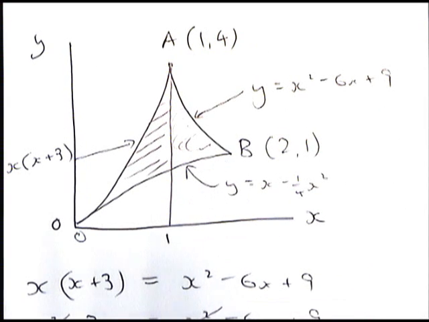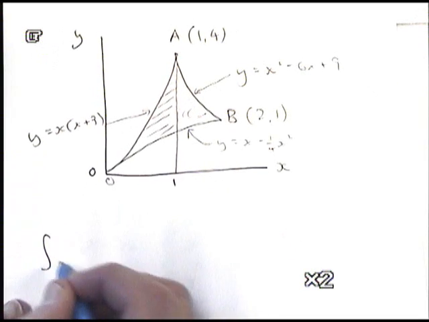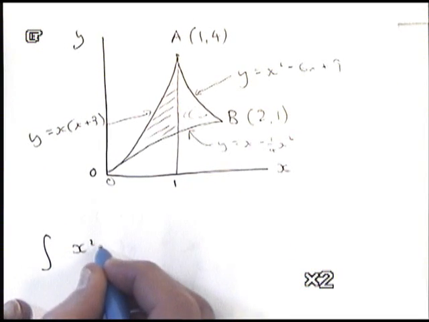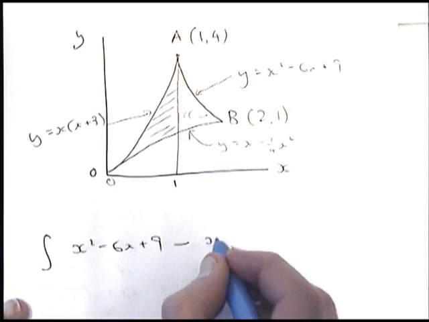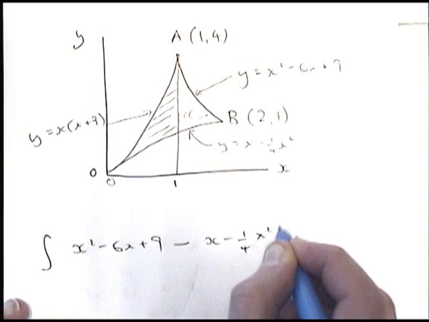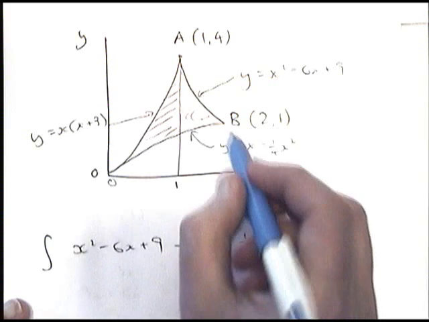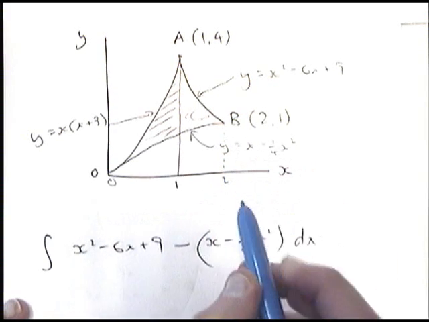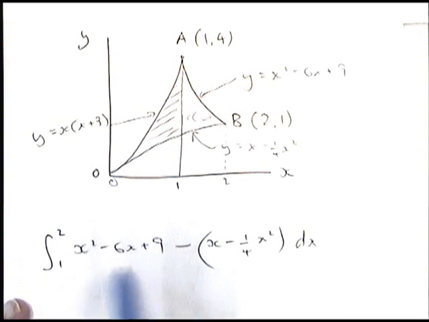So, following the same process as last time, I need to integrate the equation of the top curve minus the equation of the bottom curve. Whole equation needs to be in brackets. My dx needs to be there. Now, the x value here is 2, and I'm integrating this between 1 and 2. So that was top curve, take away bottom curve, and this is applying between 1 and 2 on the x-axis.